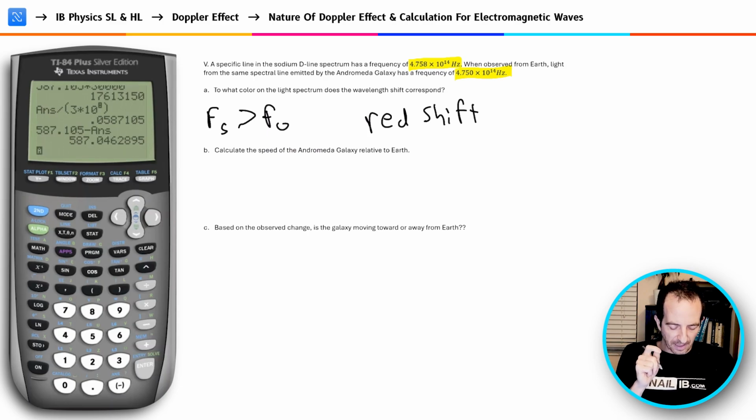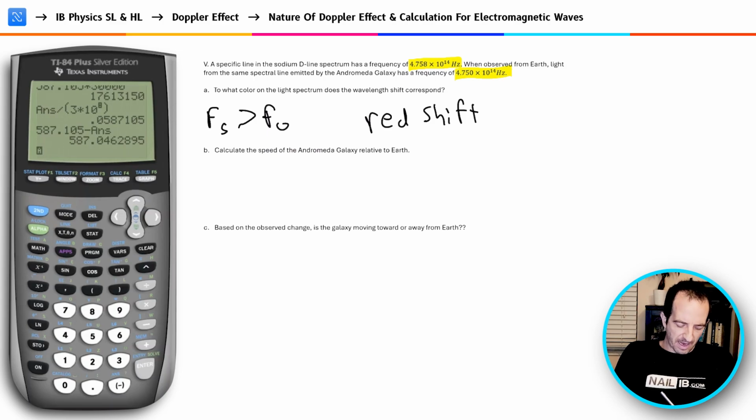So since the person on Earth is observing at a lower frequency, that's due to the Doppler effect, where they are moving away from the source of the wave, which is a red shift. And now they want us to calculate the speed of the galaxy relative to the Earth. So what do we know the speed is going to be?